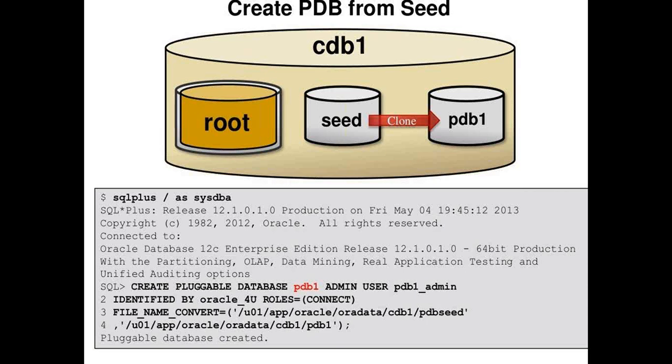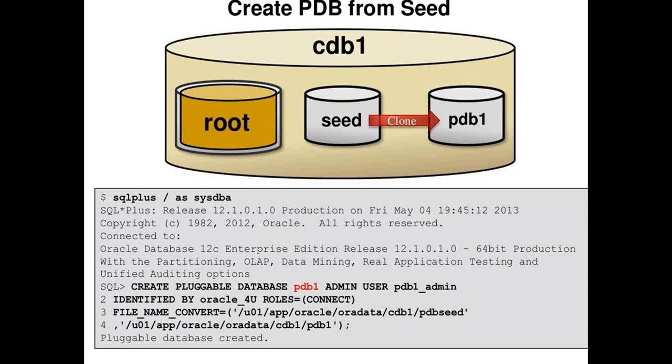Before firing this command you just need to create one directory inside CDB1. So you are going to fire this command, mkdir PDB1 under the CDB1 directory. The file name convert parameter is responsible for copying all the files of the PDB seed to PDB1.